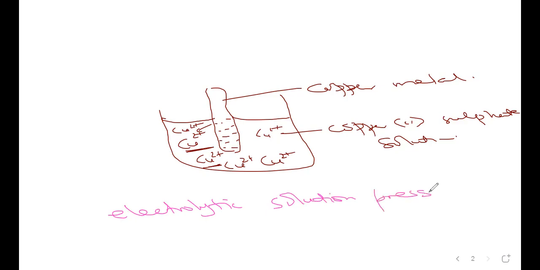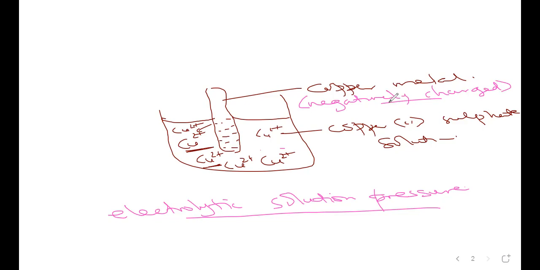The tendency of a metal rod to lose some of its ions into a solution of its ions is what we call the electrolytic solution pressure. When that happens, the metal rod becomes negatively charged with respect to the solution that is surrounding it. And then we end up having this solution as a solution of the metal ions.